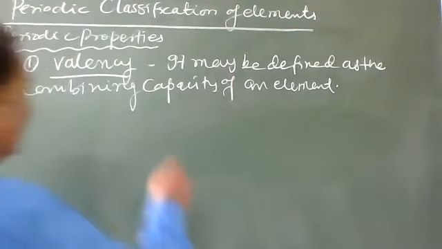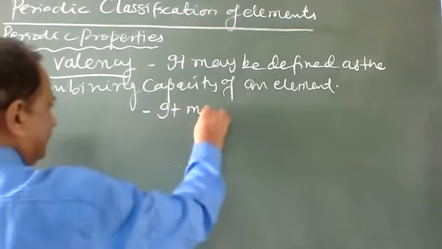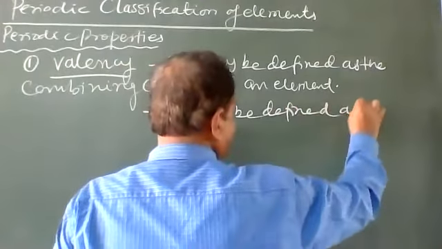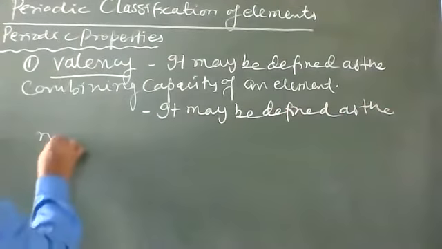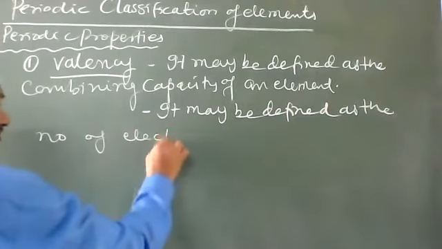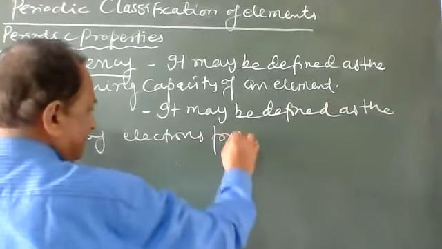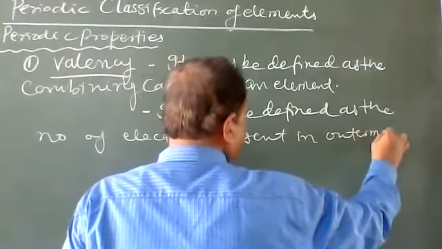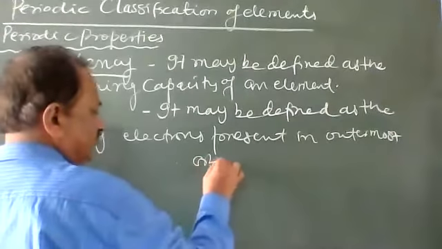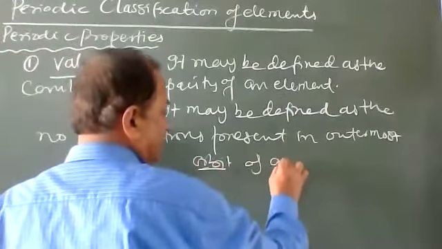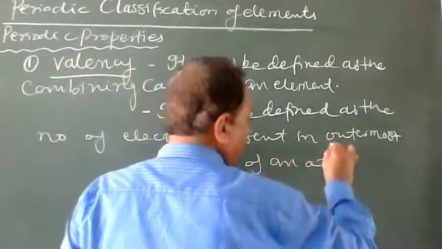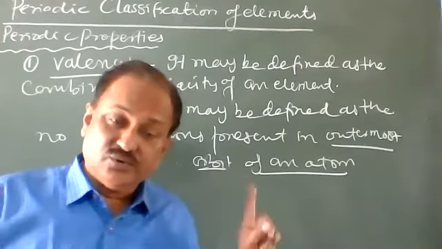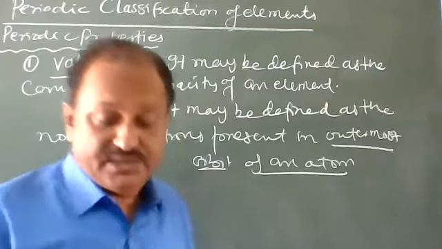Now the other way, it may be defined as the number of electrons present in the outermost orbit of an atom. This you have to keep in mind. Just as I had drawn for hydrogen, this is how we come to know.